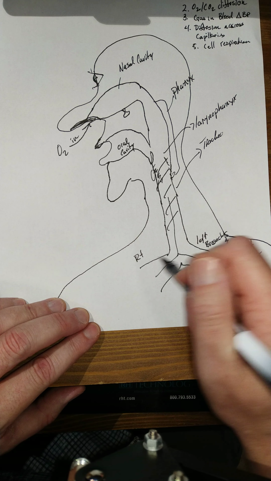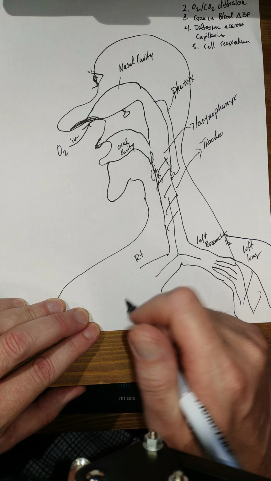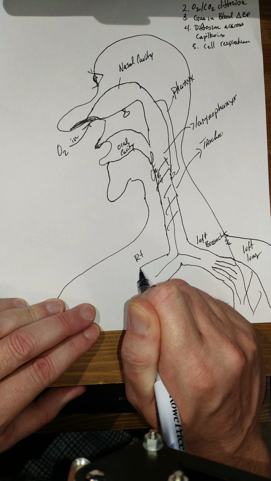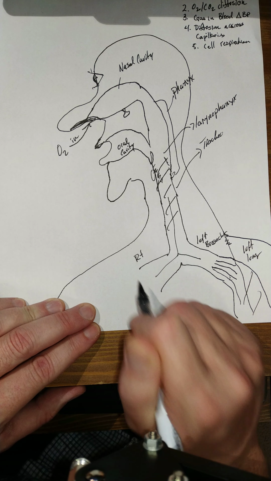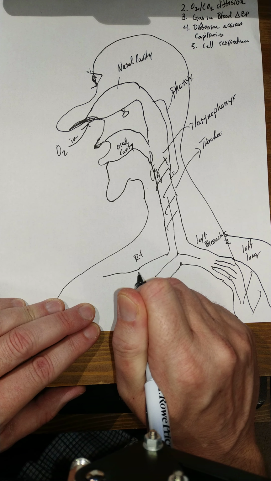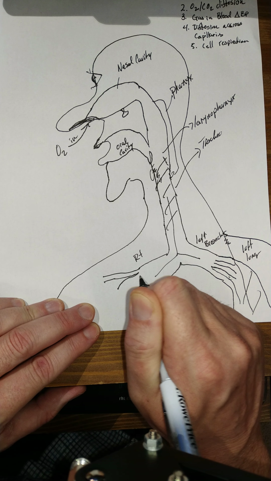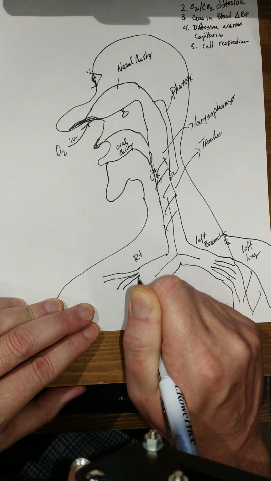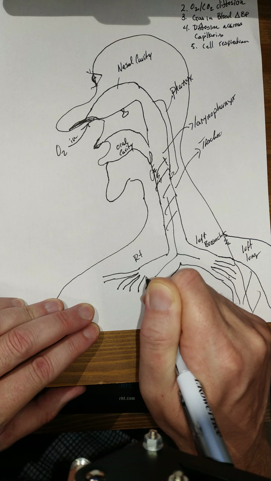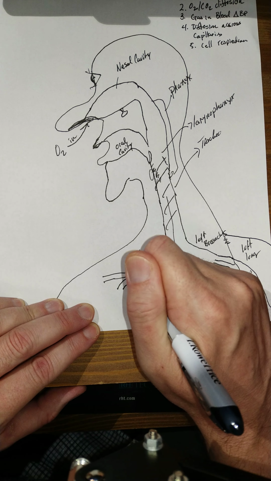So eventually we get our conducting zone, and we eventually enter into all of these branch tubes. So the bronchus starts branching out like this, and a whole bunch of different tubes inside the lung.